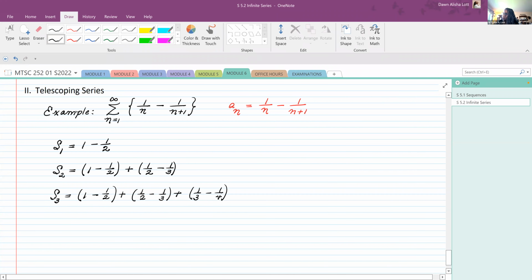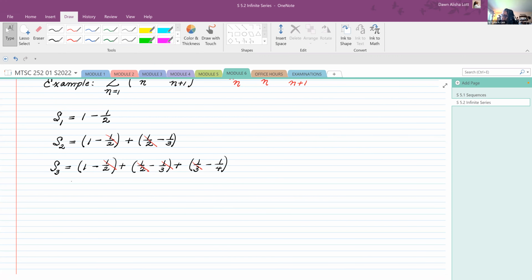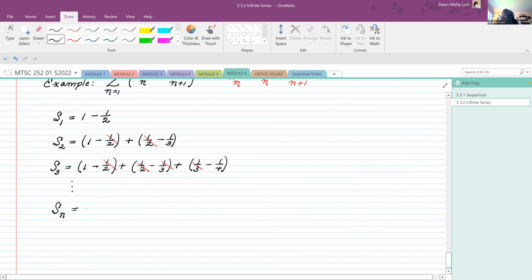And so we can notice that on these nth partial sums, the stuff disappears. Okay, so if we were to write a formula, we would get Sn would be 1. This turns out to be 1 minus 1/2. This one turns out to be 1 minus 1/3. This one turns out to be 1 minus 1/4. So now what I'm going to find out is when I do Sn, I'm going to get 1 minus 1 over n plus 1.